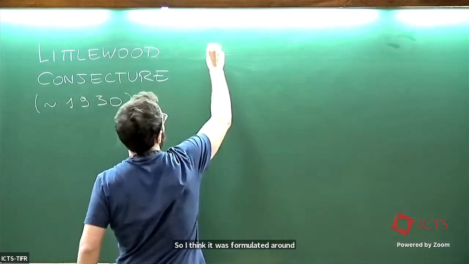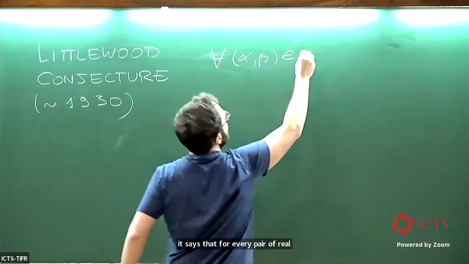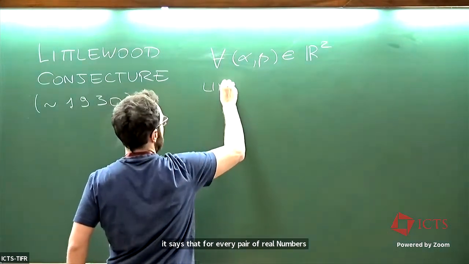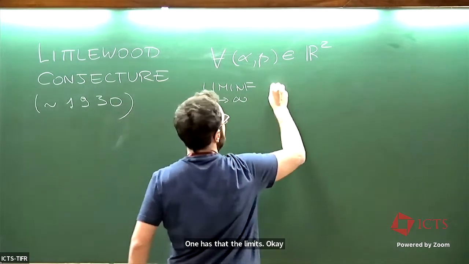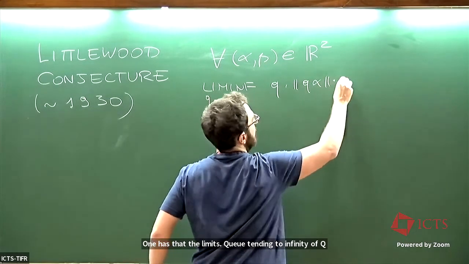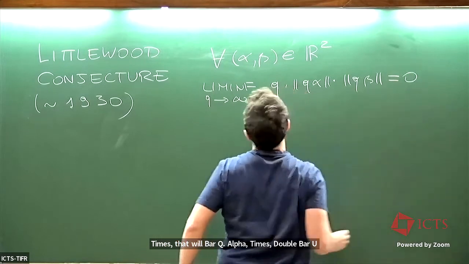And it says that for every pair of real numbers alpha, beta in R^2, one has that the limit for q tending to infinity of q times ||q alpha|| times ||q beta|| is equal to 0.